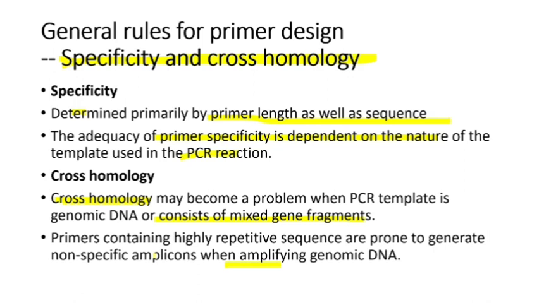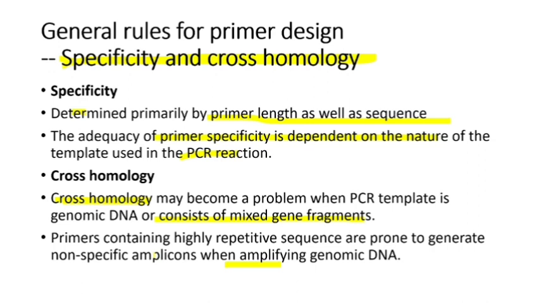So two rules: specificity, where the primer length as well as the primer sequence determine the specificity, and this specificity also depends on the sequence of the template. Second is cross homology, which becomes a problem when the PCR template is genomic DNA.